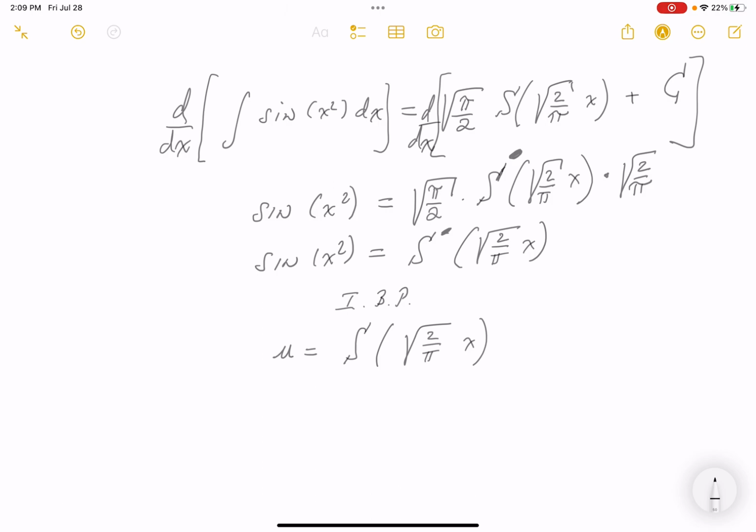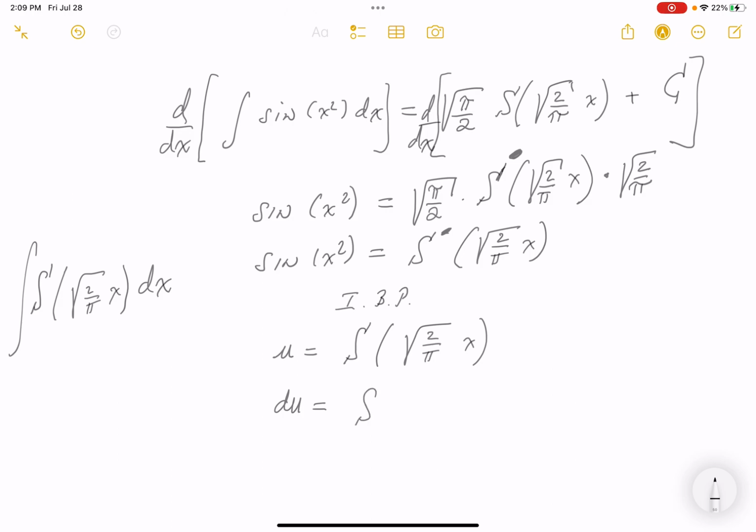All right, so I'll write that down. And again, we're trying to integrate something. I'll tell you what we're trying to integrate. We're trying to integrate this guy. We'll get back to the other one later. And we're trying to integrate this thing over here. All right, that's what we're trying to integrate. So if that's u, I'll write down du.